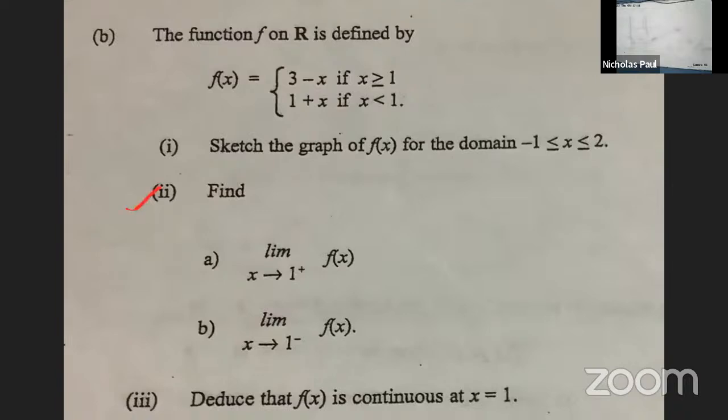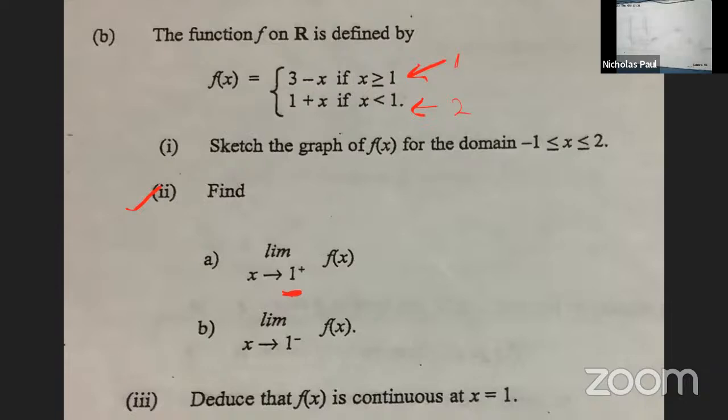Part 2, the limit as x approaches 1 from the right. So which of these functions would you choose? The part 1 or part 2, as you approach from the right. Right, good. You will choose the first function because it's more than.